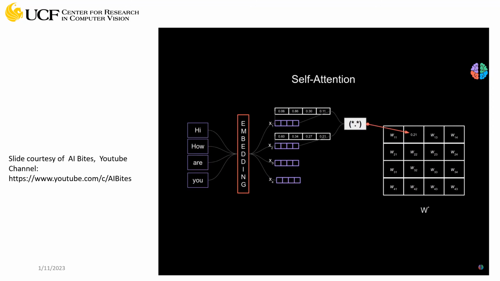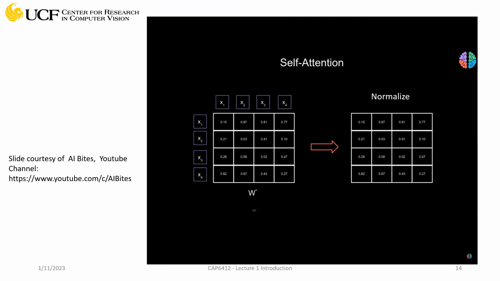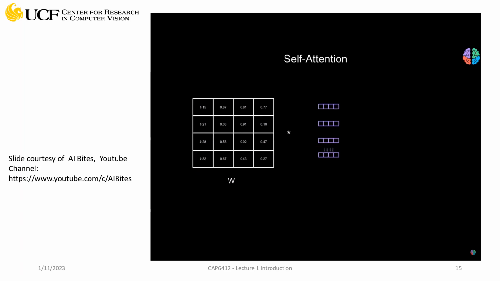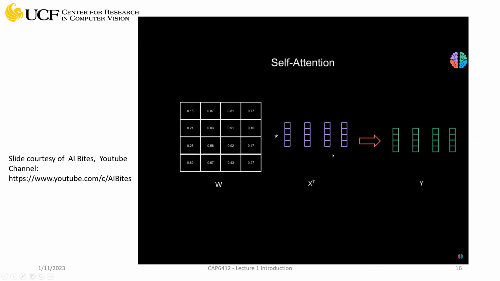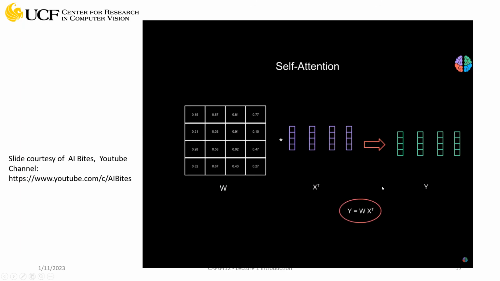So the starting point is the dot product, the cosine similarity, and we are going to do that. Then we'll do normalization, converting to softmax so that they sum to 1, and so on. But given this W star matrix, we are going to take the original embedding, which was this one, as I showed you earlier. We will transpose that and multiply with the W matrix.